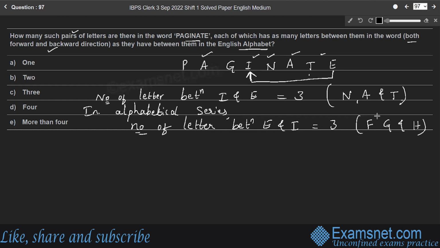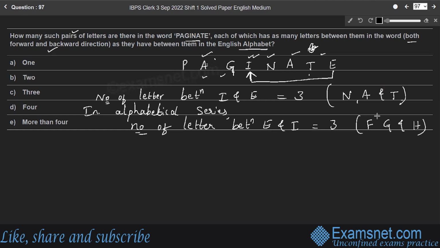So we have to find some more here. Between A and E in the given word, there is only one letter. But in the original alphabetical series, there are more than one letters between A and I. If you consider P, G or any 2 letters here, between E and P also, there are more than 6 letters in the original English alphabetical series.